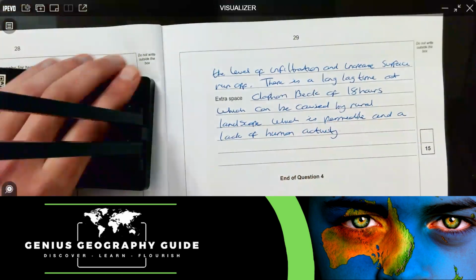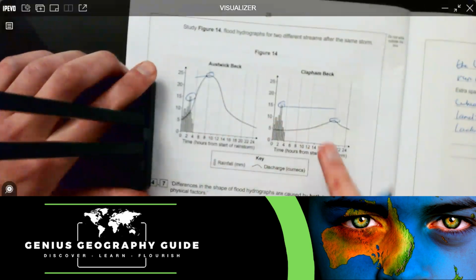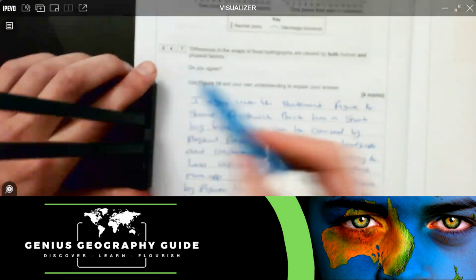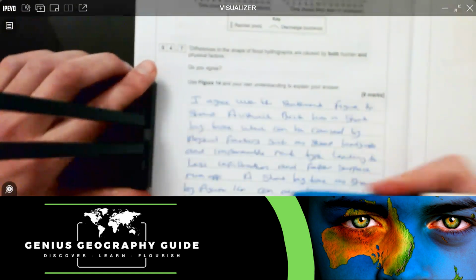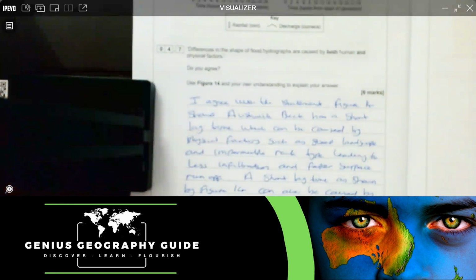So once again, in this question, you have to refer to this figure. You then got to obviously link back to the statement, do you agree with it, and explain why you agree with it, referring to both physical and human factors throughout.